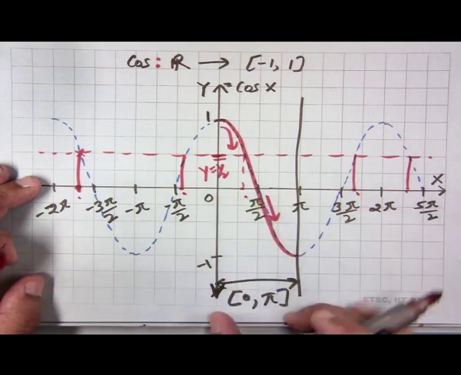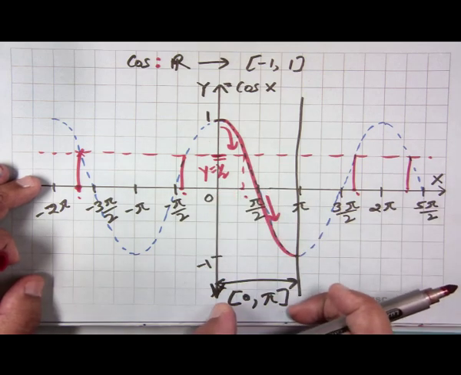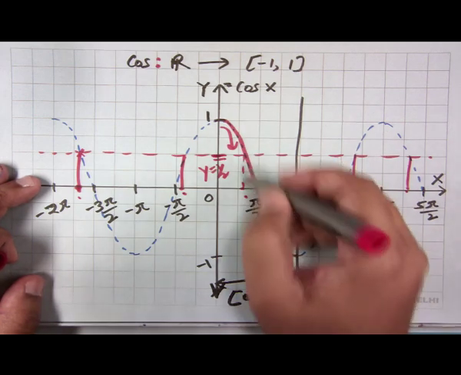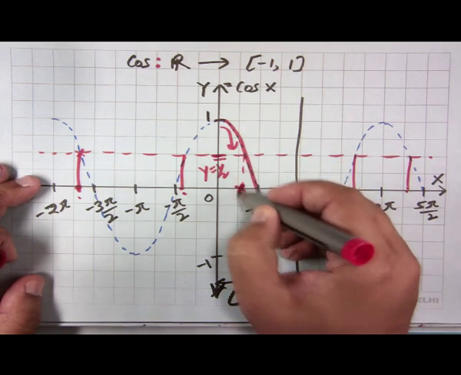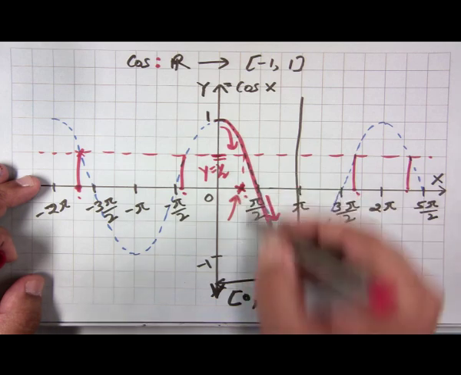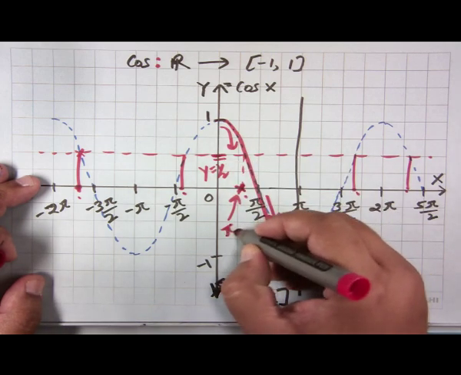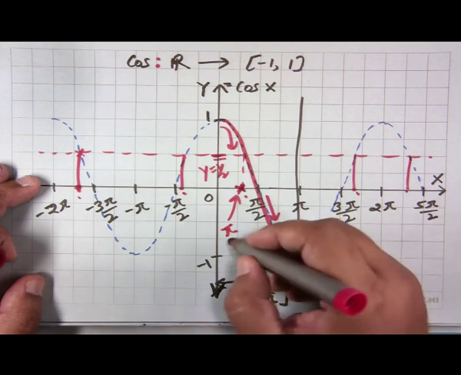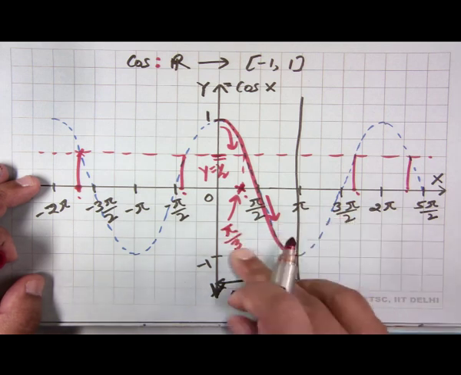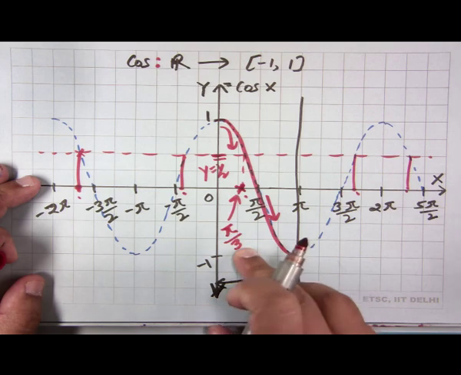But when we restrict the domain to 0 to pi, what we will see is that there is only one unique value of x, which in this example is pi by 3 or 60 degrees, because cos of 60 degrees is equal to half.